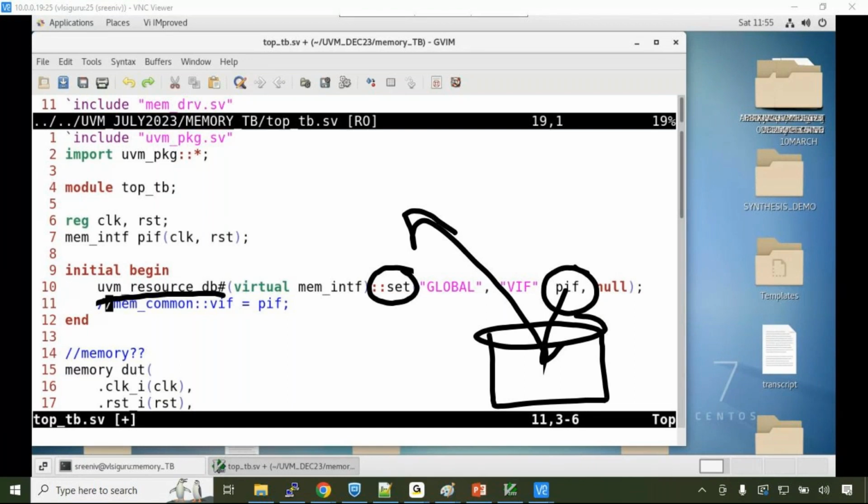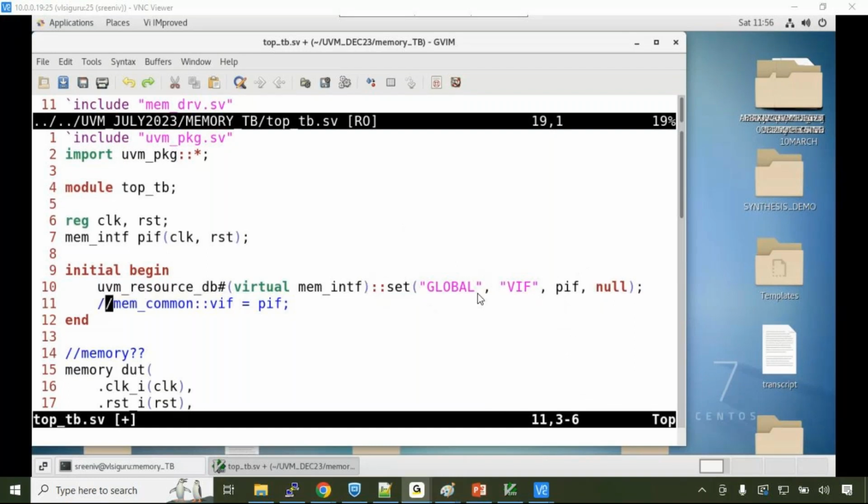Setting means putting. We'll use a different method that I will discuss as we go, using get or by read. There is a method called read. You can read from the database. For now, let's not get deep into it. Just understand that there is such a concept, which is very similar to line number 11, where mem common scope resolution VIF equal to PIF.